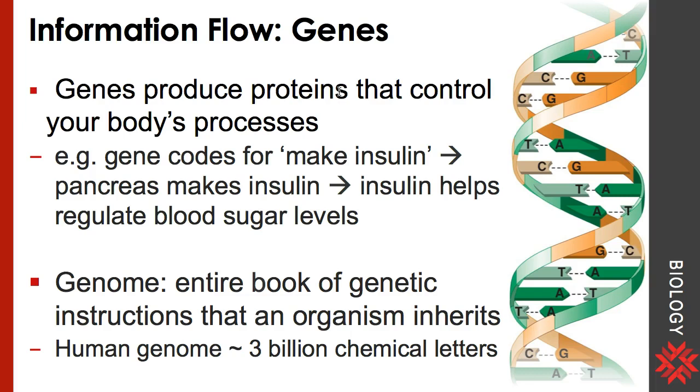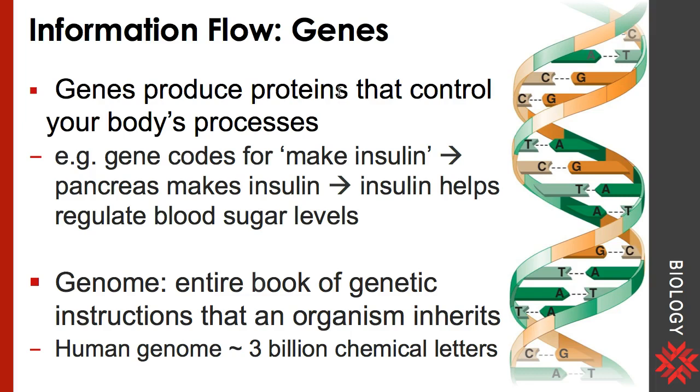We said insulin is a protein. We have that gene that's 1,500 letters long that says create insulin, and then insulin will pass through our body and communicate to our liver and our muscles saying absorb glucose out of the blood in order to control our blood sugar levels.